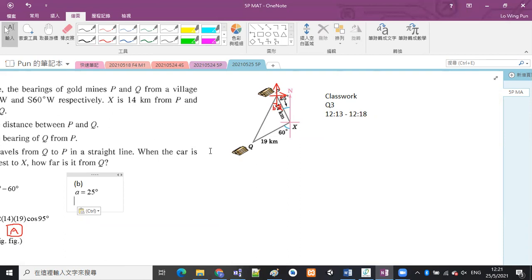So now our target is to find angle QPX. What is the advantage of finding QPX here? Because angle QPX is an angle in triangle QPX. Okay, so we can use those formulas to find angle QPX first. Okay, we have three lengths.